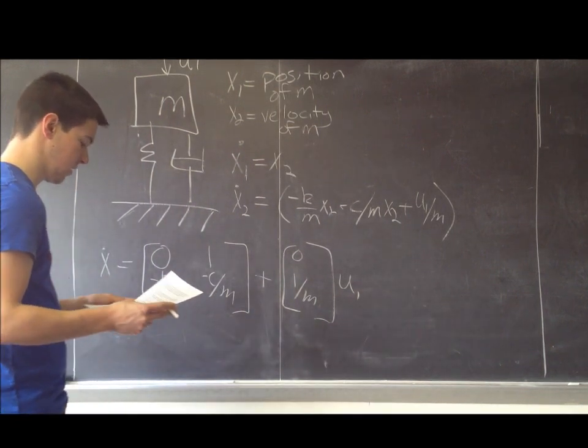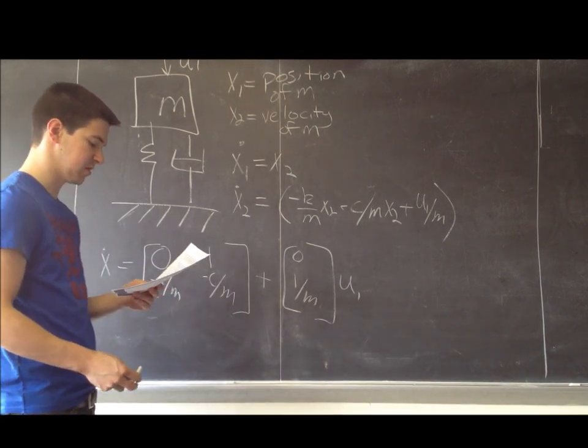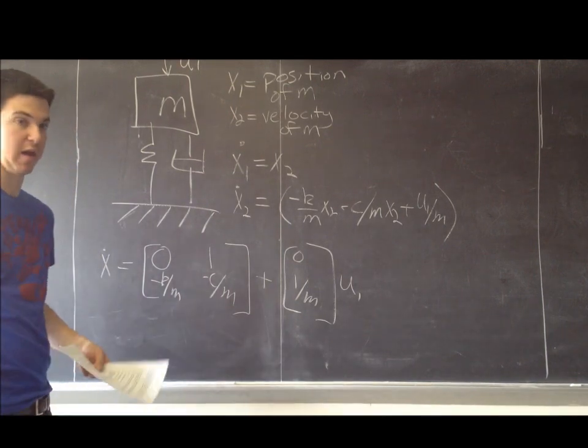So at this point we need to linearize our system, but before we do that we need to make some assumptions in doing so. So I'll erase this part and we'll continue on.